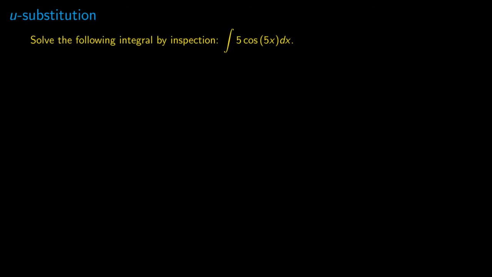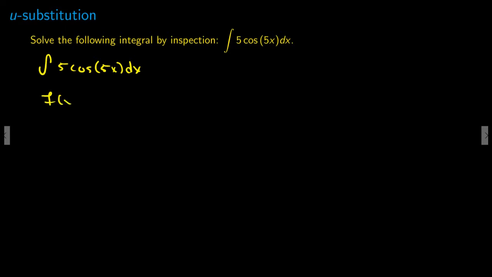So what does the chain rule have to do with integration? Well, if we want to integrate 5 cosine 5x dx, then we need to find a function whose derivative is going to be 5 cosine 5x.